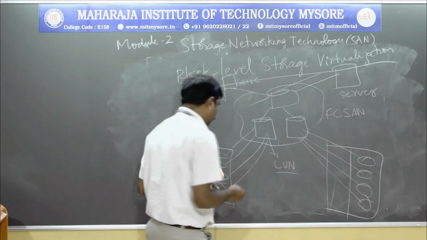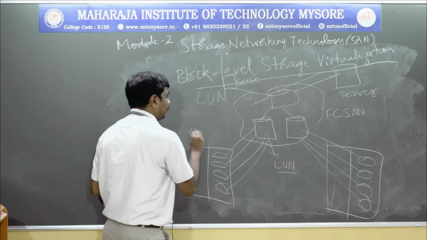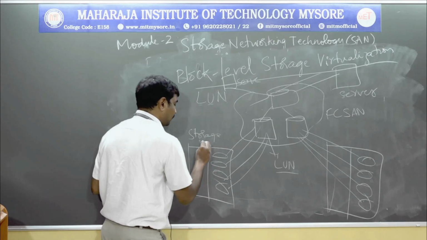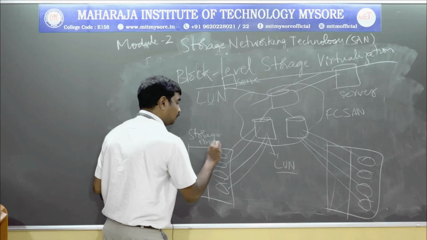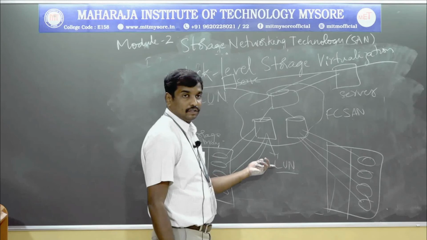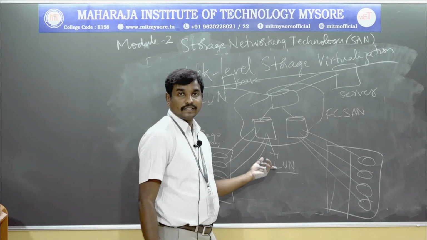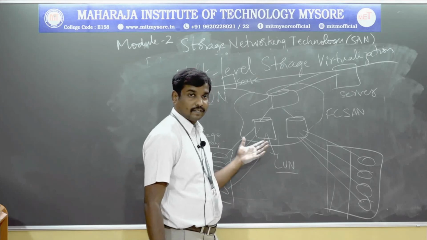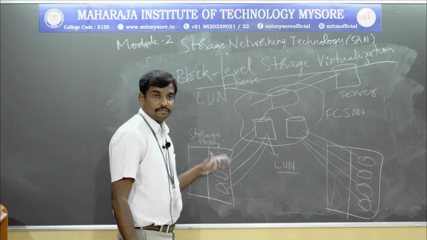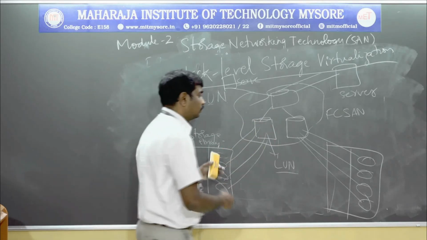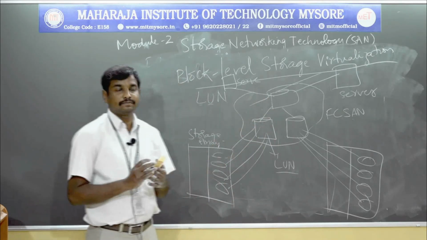That means if you want to make our storage array virtualized at the block level, at the network level, we have to have a virtualization volume at the network level. That means even the storage arrays present in it can be virtualized into a pool of virtualization, and then we can transmit it.